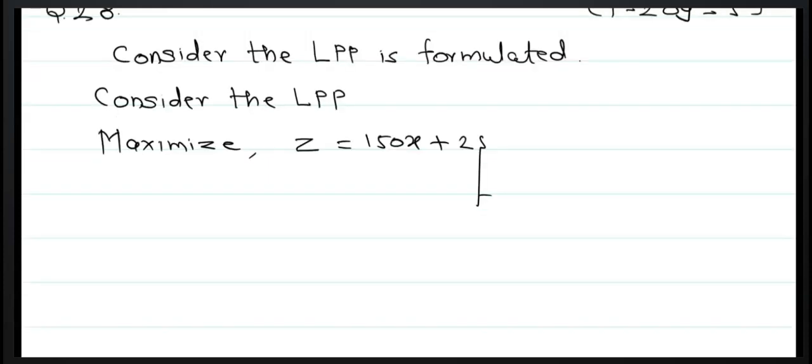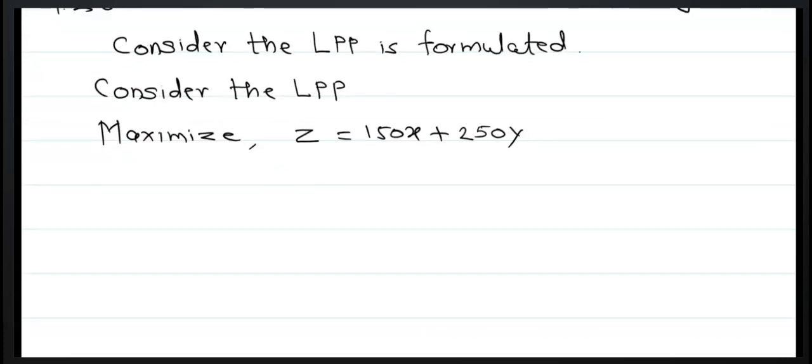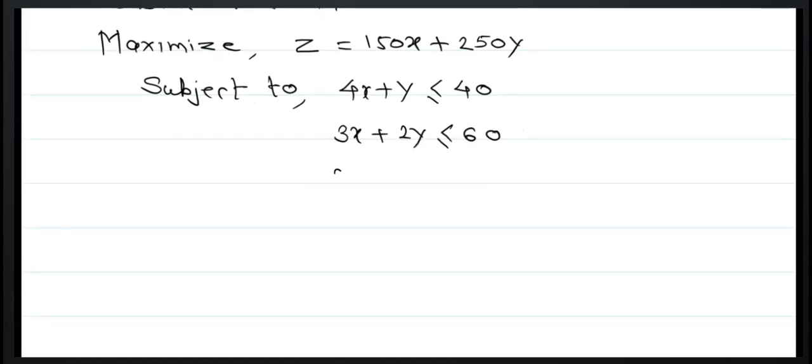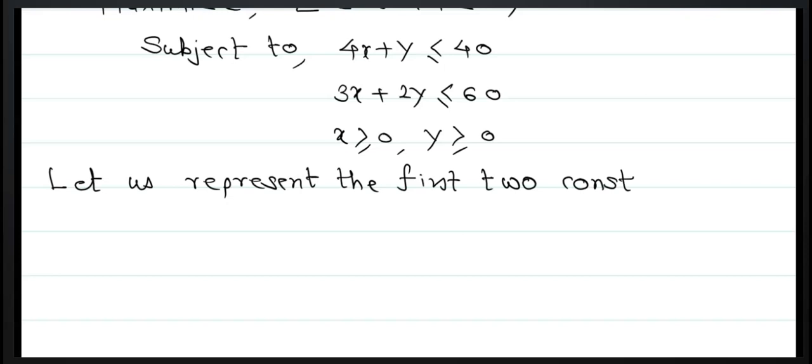Maximize z = 150x + 250y subject to 4x + y ≤ 40, 3x + 2y ≤ 60, x ≥ 0, y ≥ 0. Let us represent the first two constraints.